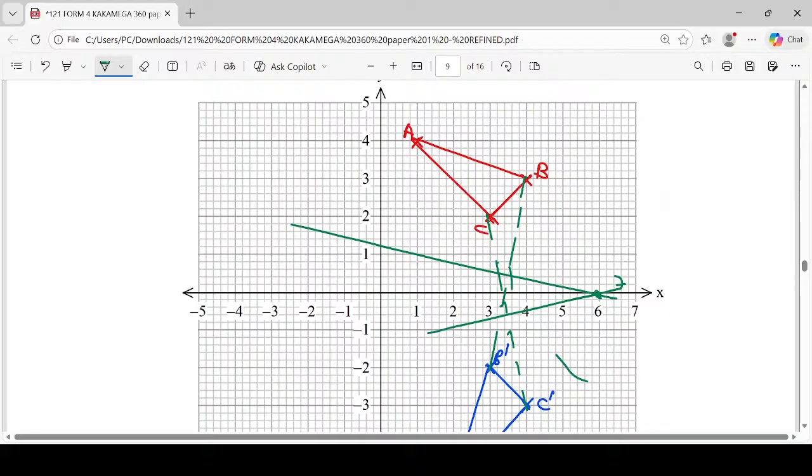But when you look at this rotation well, it is a positive 240 degrees.